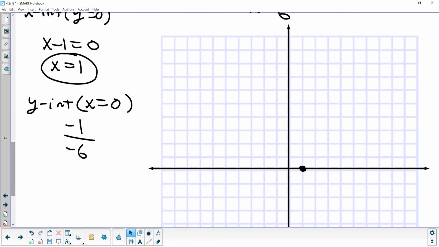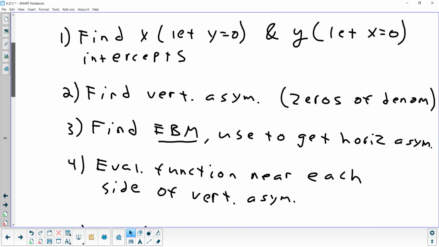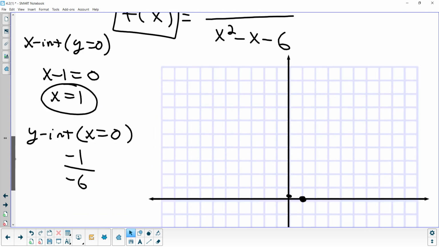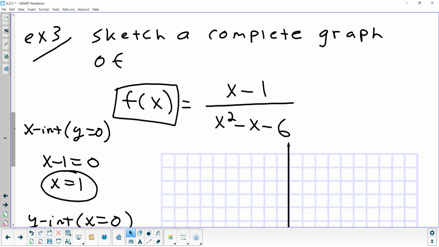So my y-intercept is at 1/6. Again, not enough to make a graph, but we're definitely going to draw the graph through those 2 points. Okay, so x-intercept, y-intercept. Let's find the vertical asymptotes. How do you find vertical asymptotes?